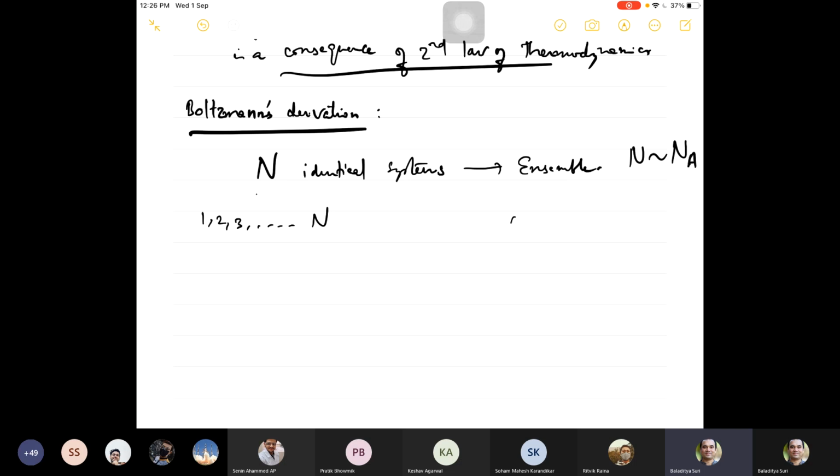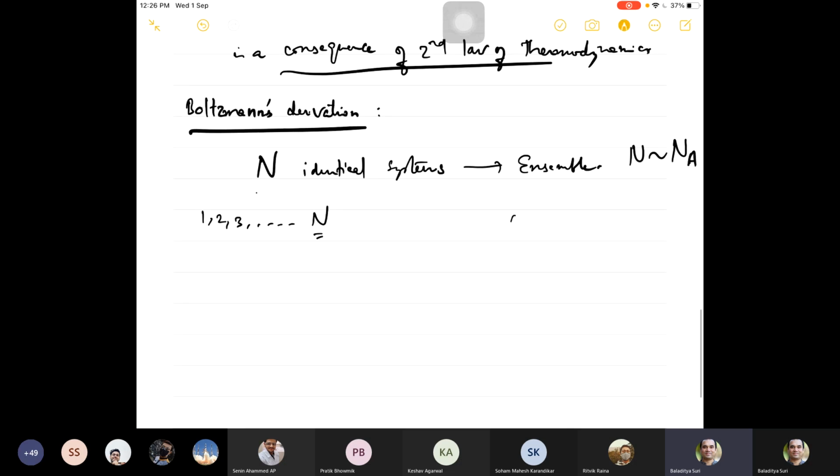Now these systems can all be in different states. Let us say N1 of these systems are in some state A1, and N2 of them are in state A2, and so on.